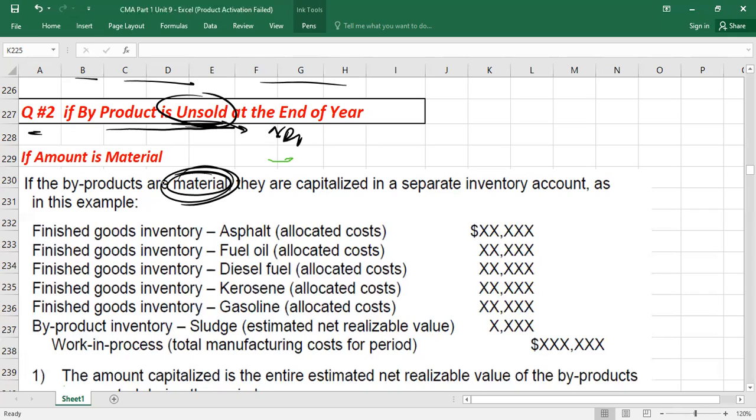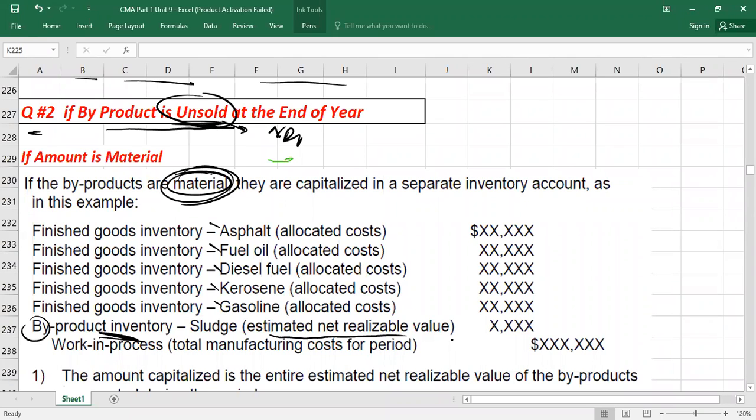It is big, you have to consider it. If the amount is material, please remember, as you record the inventory of other products, in the same way you will record the inventory of the byproduct also. It will be recorded in the balance sheet as a current asset. Understood? For example, as you record inventory of asphalt, fuel, diesel, kerosene, gasoline, in the same way you will debit the byproduct, but you will use which value? Estimated net realizable value.